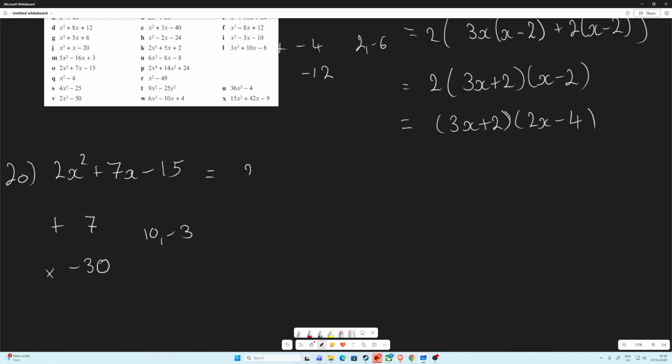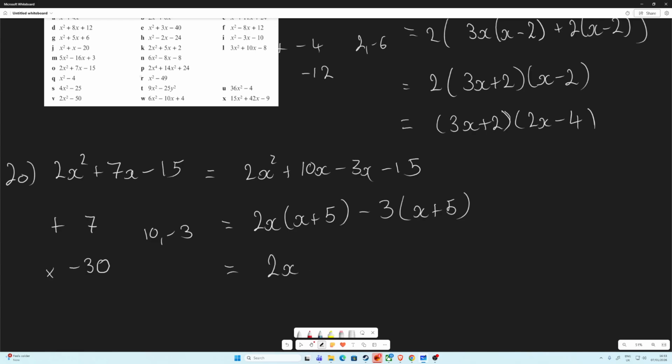So that's equal to 2x squared plus 10x minus 3x minus 15, equal to 2x times x plus 5 minus 3 times x plus 5. Hence the answer will be 2x minus 3 times x plus 5.